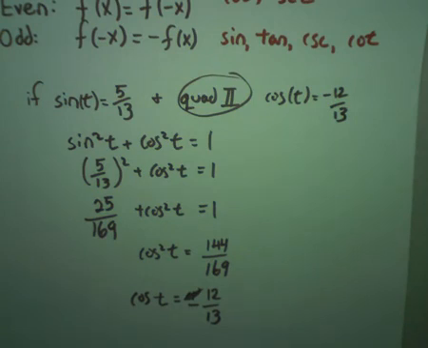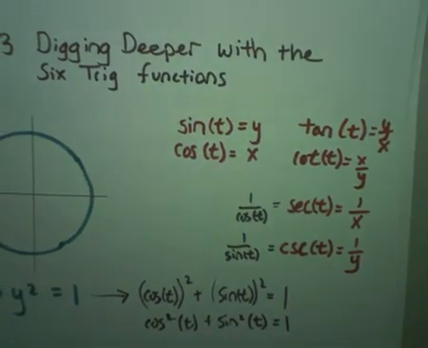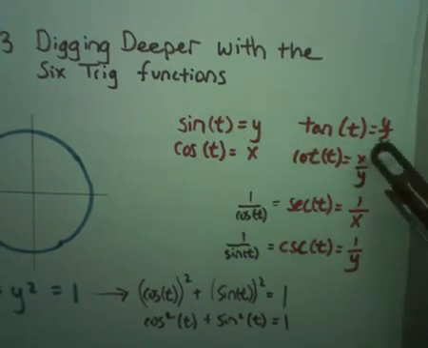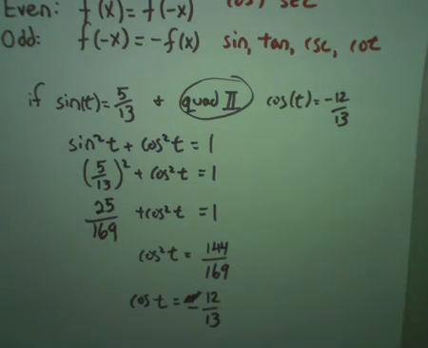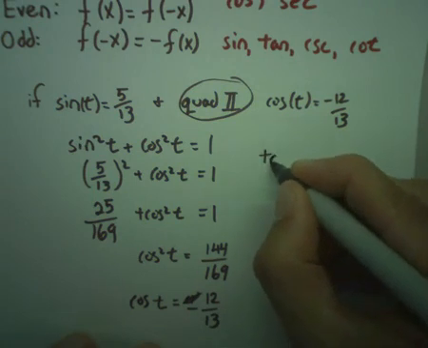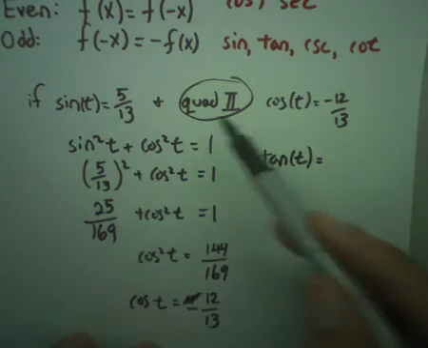We've got 2 of them already. But the other 4 just come from the fact that tangent is y over x, is sine over cosine, cotangent's x over y, so we can get the other 4 based on that. So maybe we'll do all of them. Let's see how far we get. I'll say tangent of this angle is the y over the x.